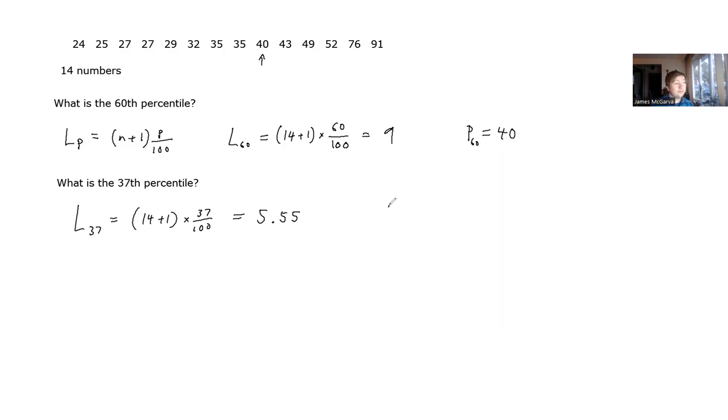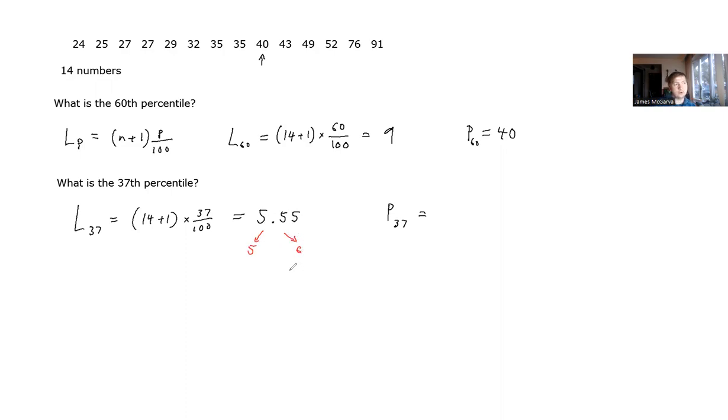So the way we're going to find the 37th percentile is, we're going to take this number 5.55 and we're going to say, all right, that's between 5 and 6, right? We're going to say this is between 5 and 6.